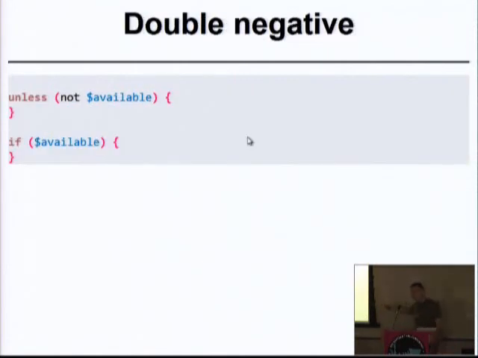And then this example, the double negative. People like to write this unless not available. Personally, for people who are not native English speakers, the whole unless thing is much more difficult. But anyway, this special case is again something that should probably be refactored.